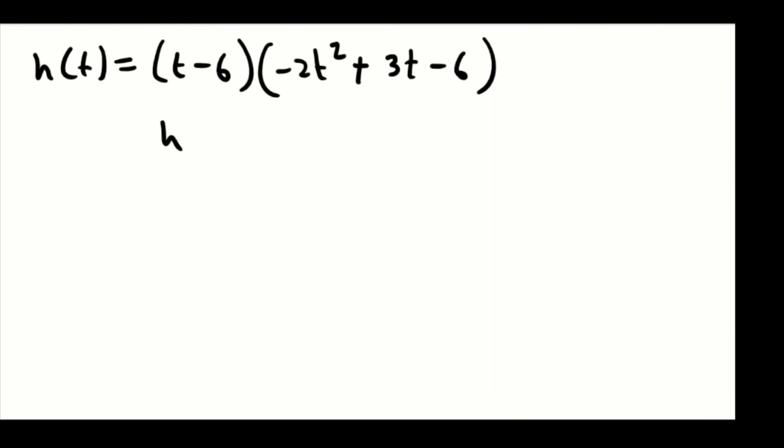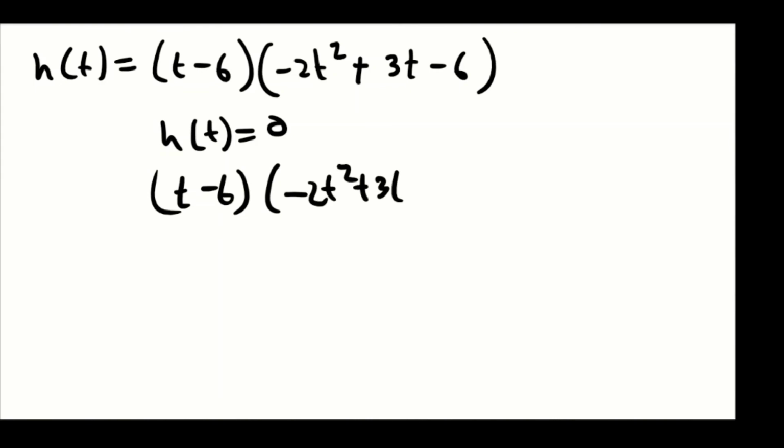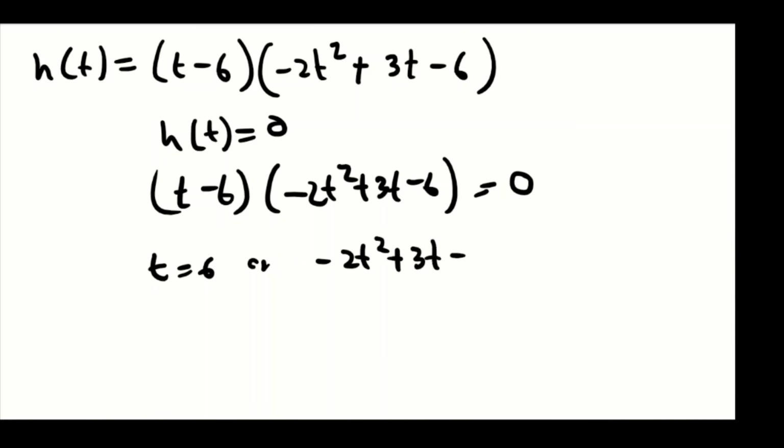Okay, so we want to know how many times it touched the floor. When it touched the floor, we know very well that h of t was equal to 0. The height was 0, right? So we say (t minus 6)(minus 2t squared plus 3t minus 6) equals 0. So t equals 6, that's the first one, or minus 2t squared plus 3t minus 6 equals 0, right?